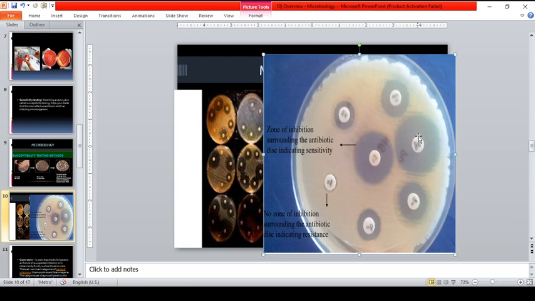There are antibiotics which produce a larger zone of inhibition. So, yan yung nangyayari na clearing. And the larger the zone of inhibition, it means the bacteria is more susceptible. Mas namamatay yung bacteria kapag yun yung ginamit mong antibiotic compared sa mga antibiotic na konti lang yung zone of inhibition. Okay?